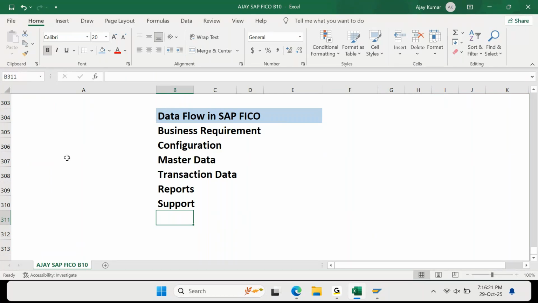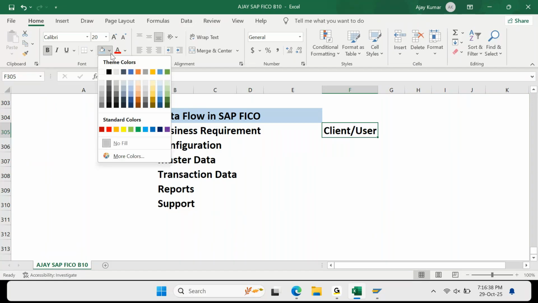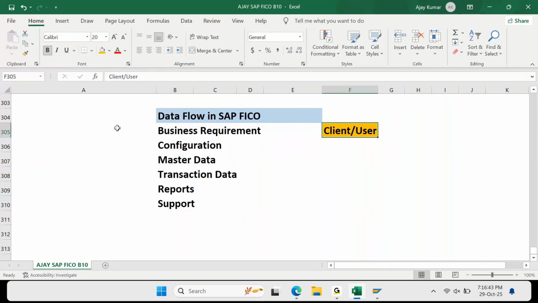Now here you need to understand one point. The business requirement will be given to us by the client or user. Am I clear? This will be given to us by the client or by the user.